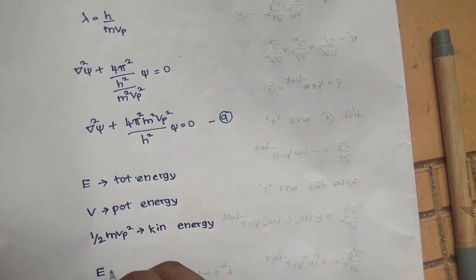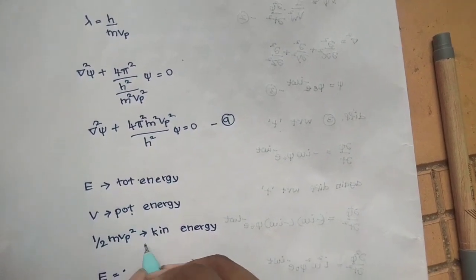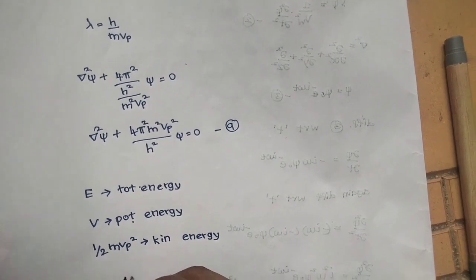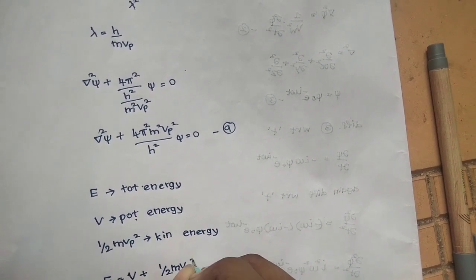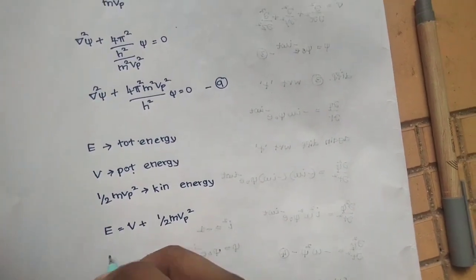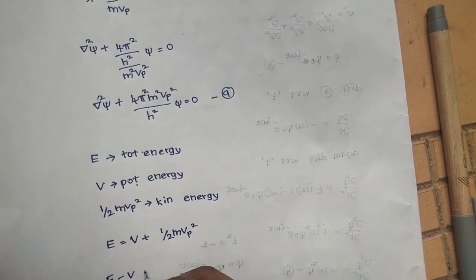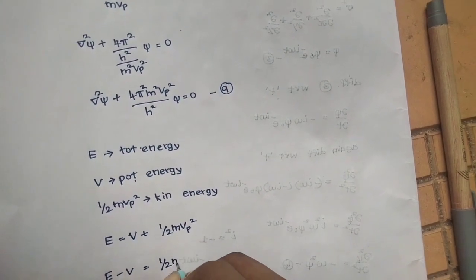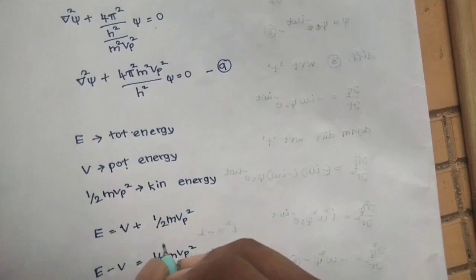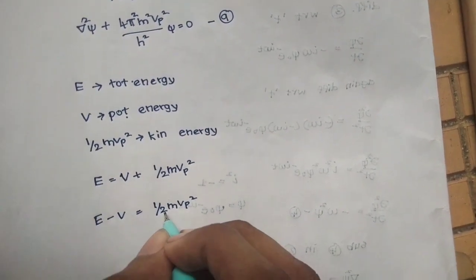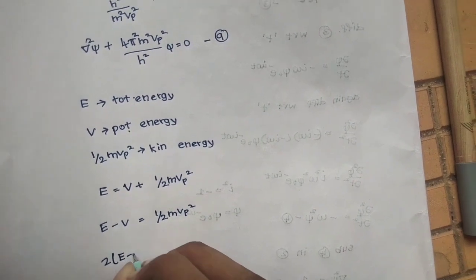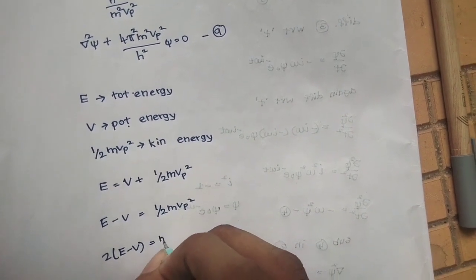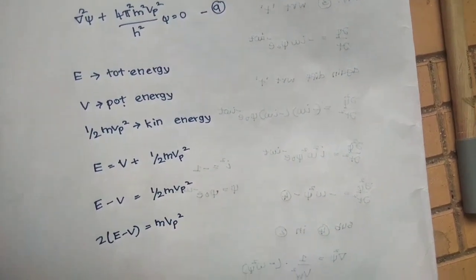So total energy equal to potential energy plus kinetic energy. So E equal to V plus half m vp square. Move that V to the left side. So E minus V equal to half m vp square. Move that 2 to the left side, which will become 2 into E minus V equal to m vp square.